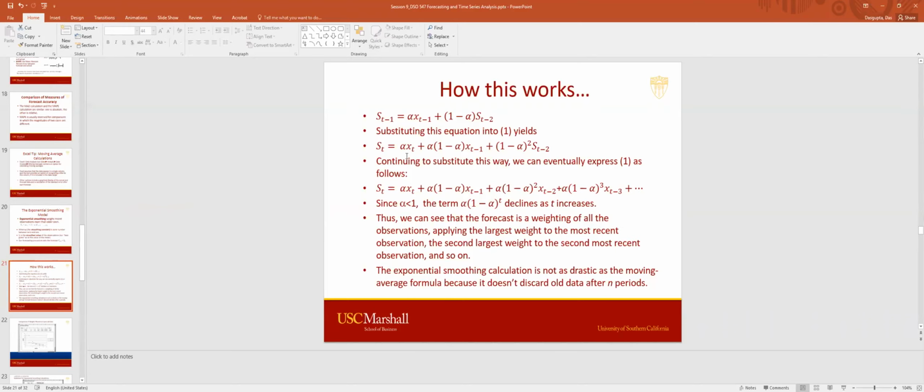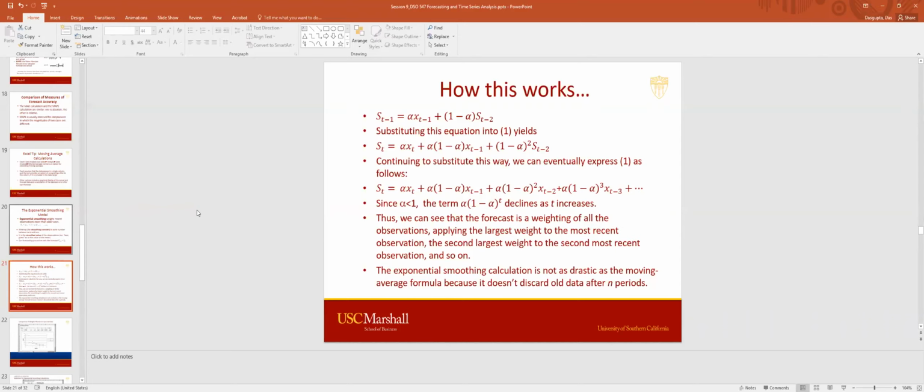So then what happens is you get, by collecting the factors, alpha times xt plus alpha times 1 minus alpha times xt minus 1 plus 1 minus alpha times 1 minus alpha, which is 1 minus alpha squared, st minus 2.